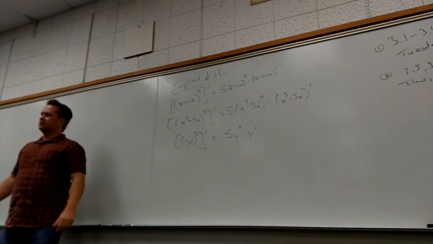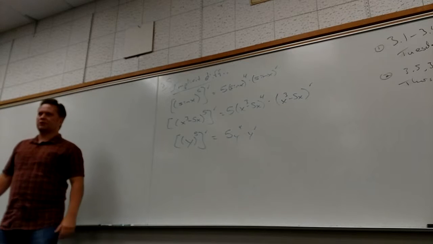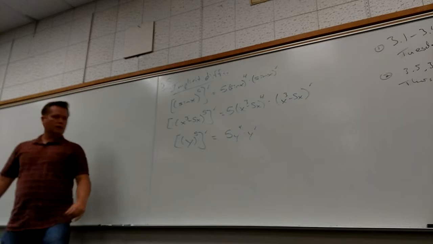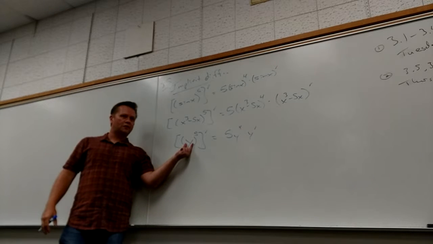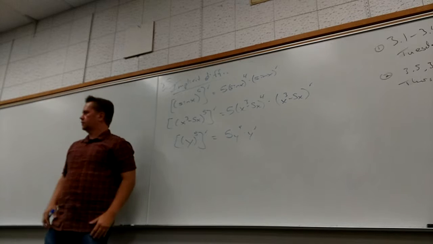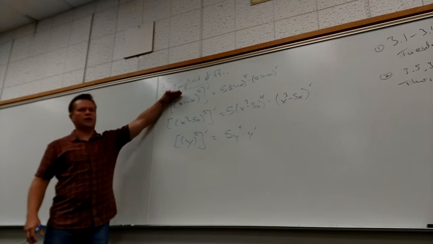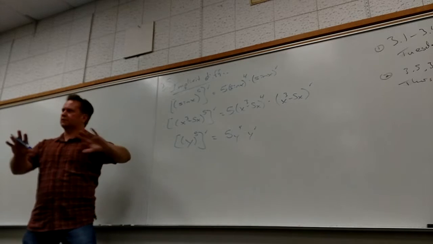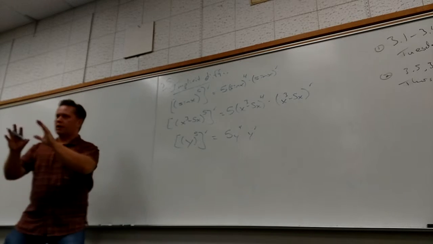That's the heart of implicit differentiation. Anytime you take a derivative of something that is a function of x, you have to multiply by the derivative of that piece. That's all that says. We already know that, and then suddenly it doesn't make sense.